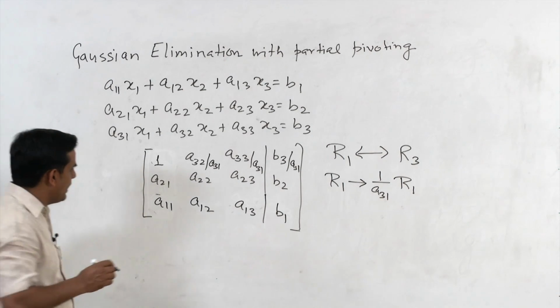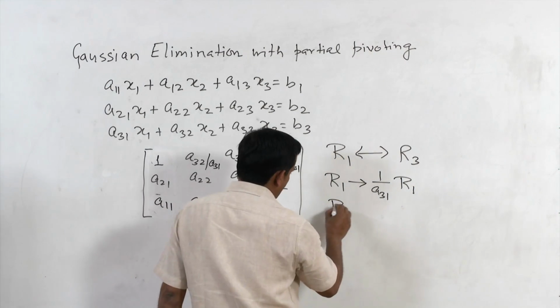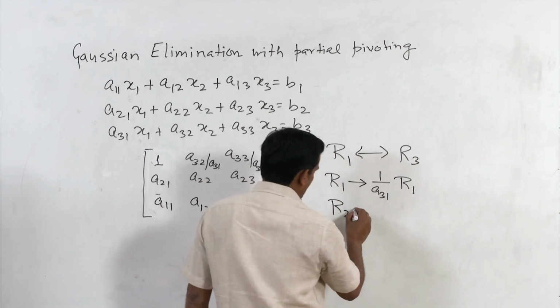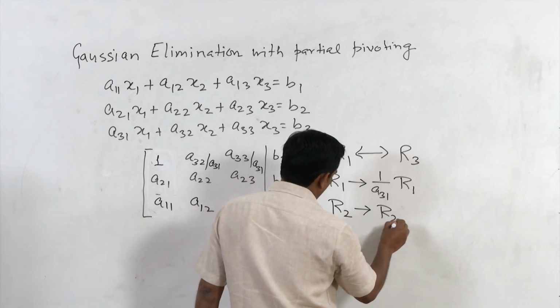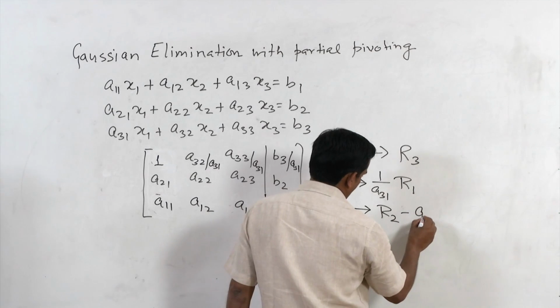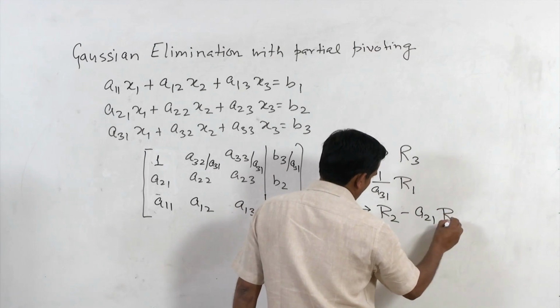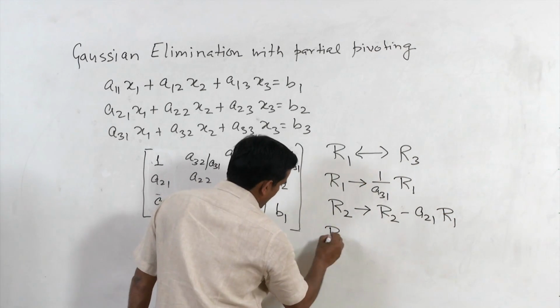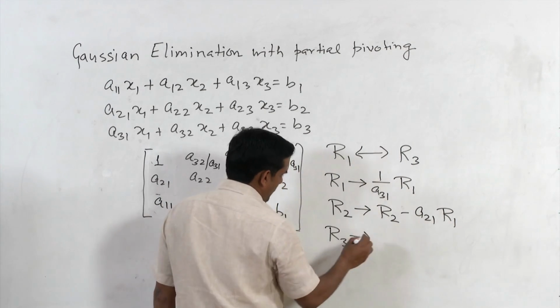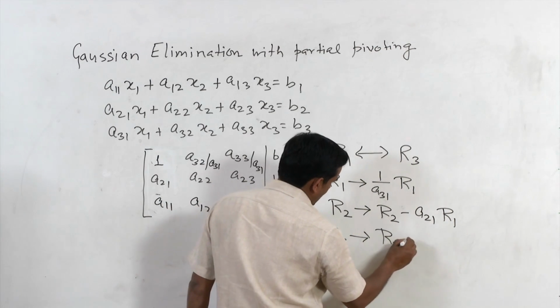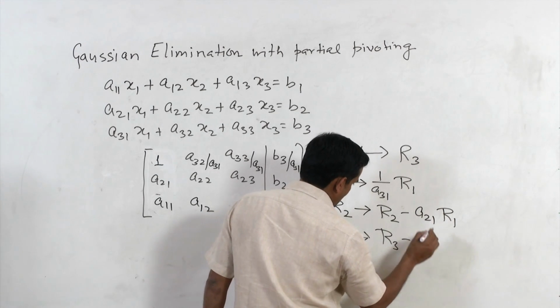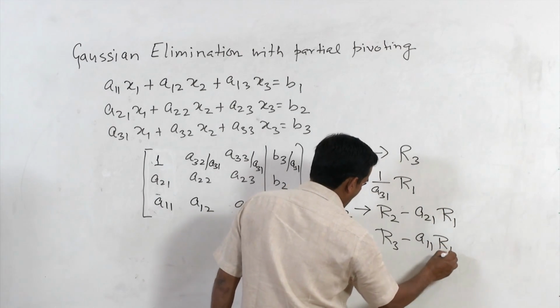For doing this, I need to perform two more row operations, that is R2 will be replaced by R2 minus a21 times R1, and R3 I need to replace by R3 minus a11 times R1.